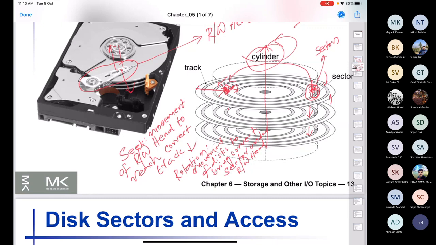That's why the delay you incur to read or write data on a hard disk drive is a function of the address on the hard disk drive. So that's why it is not constant, and that's why it cannot be classified as RAM.